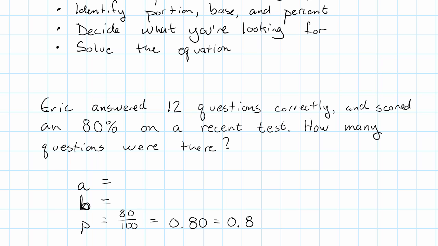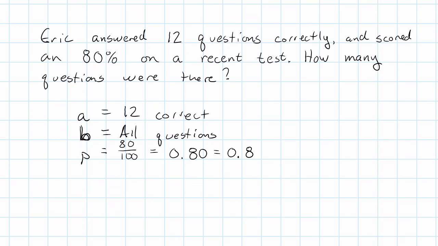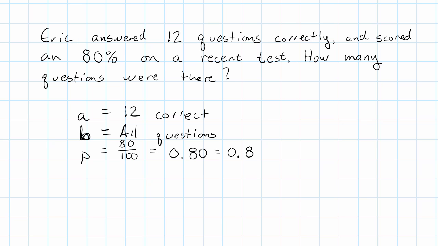So the base should be all questions, and the portion should be the 12 correct. Now we have our equation. 12 equals 0.8 times b.